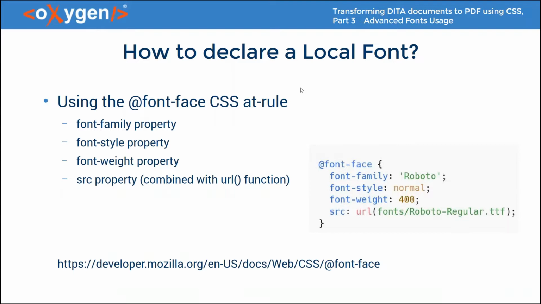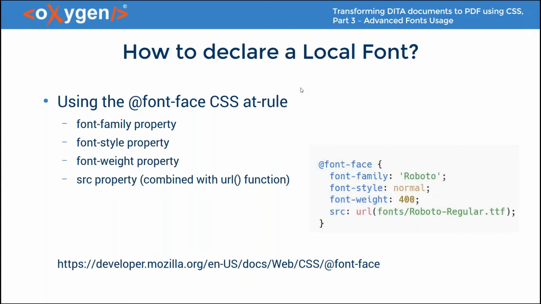Another way to declare fonts is to use local fonts. By local, I mean files that you have directly installed on your computer. So in this case, you need to use the font face CSS at-rule instead of the import.